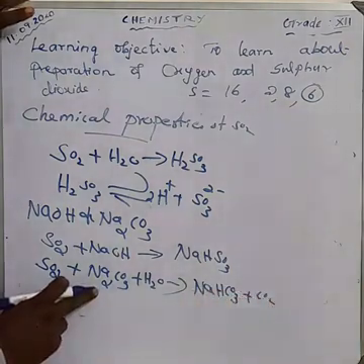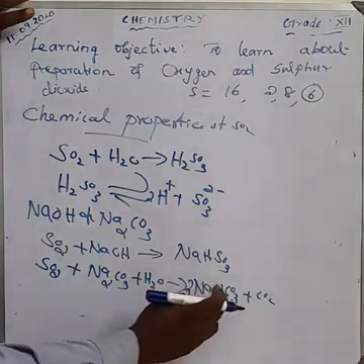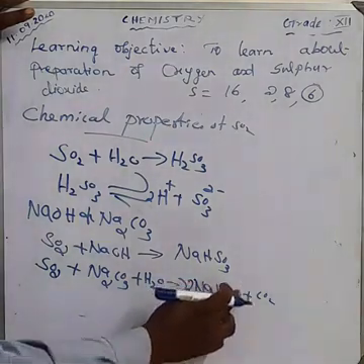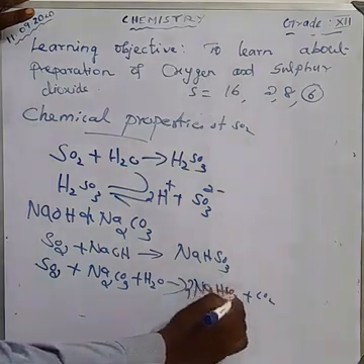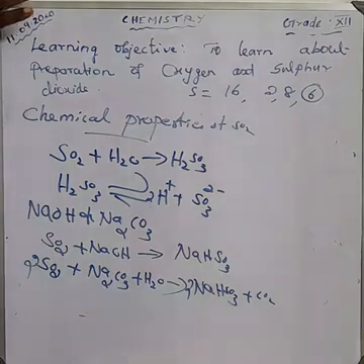How much sodium is there? 2 sodium, so make it 2 sodium. Sorry, Na2SO3. How much sulfur is there? 2 sulfur. Make it 2 sulfur. Now the equation is balanced.